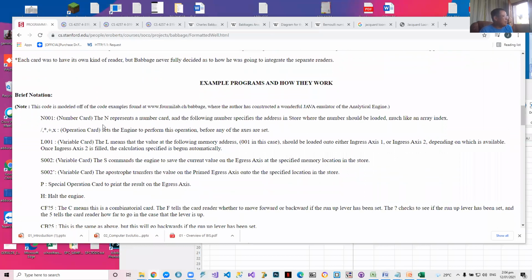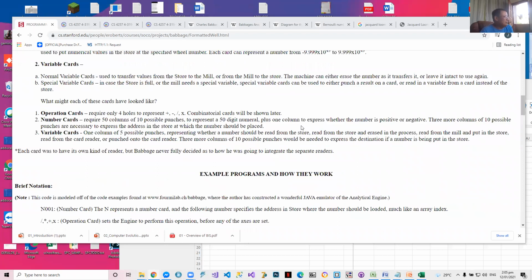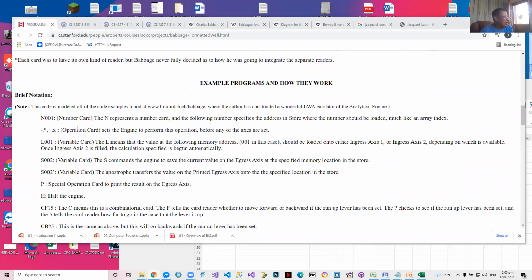So for example, here's a numeric card, N001. This represents a number card, and it stores a value. S001, the S command, is a variable card to store a value to the egress axis.